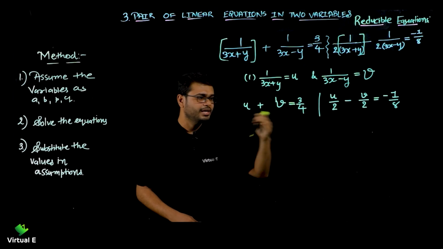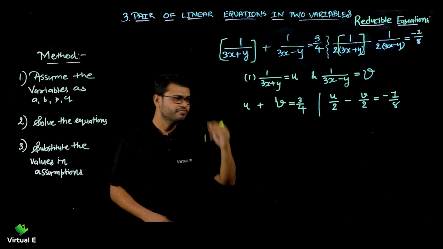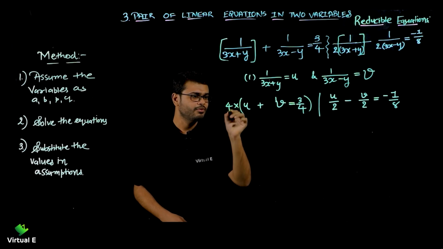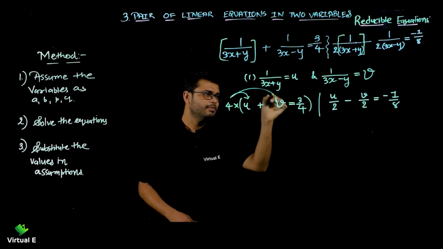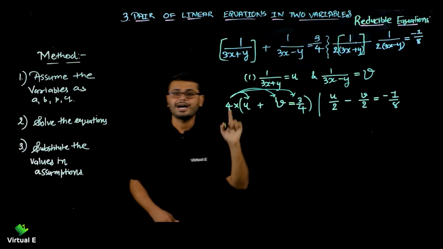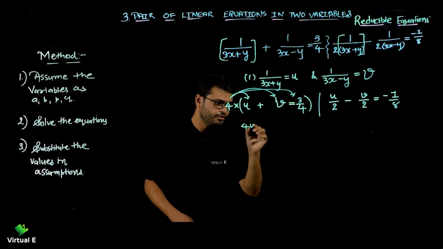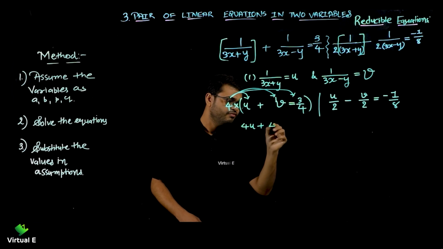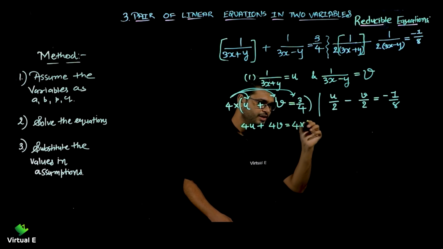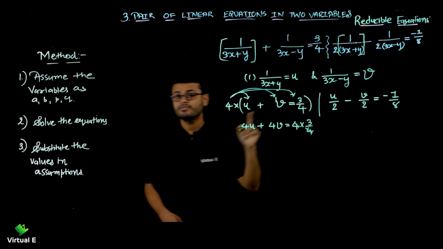We will multiply the whole equation by the LCM, which is 4. Each and every term I am going to multiply. Most importantly, do not forget the RHS, right? So 4 into u will give you 4u plus 4v, and here 4 multiplied by 3 over 4 will get cancelled. Only 3 will be left.